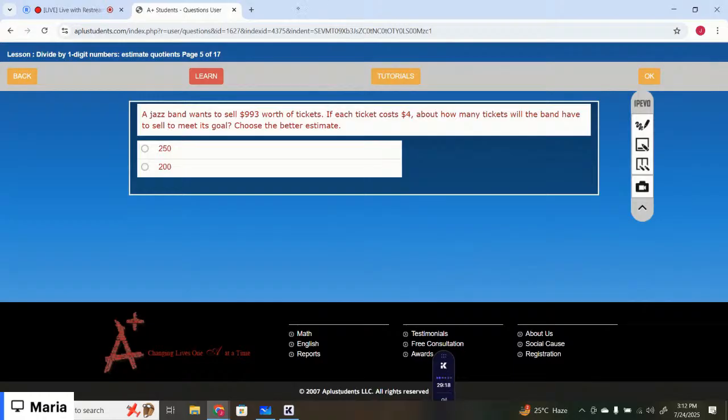A jazz band wants to sell $993 worth of tickets. If each ticket costs $4, about how many tickets will the band have to sell to meet its goal? Choose the better estimate.